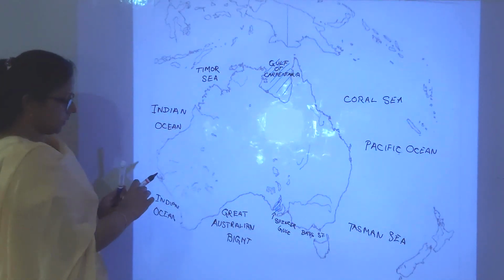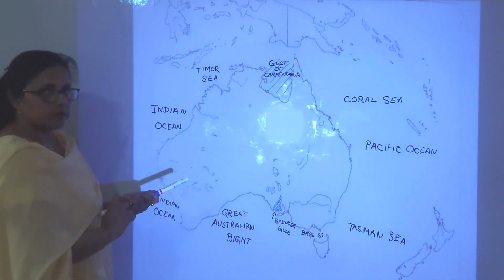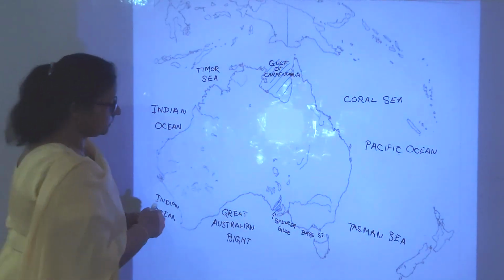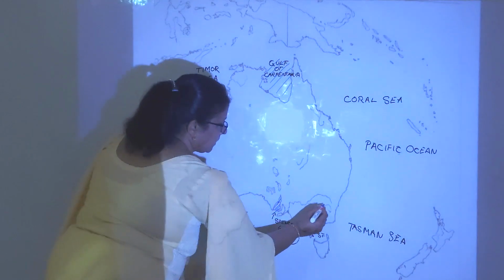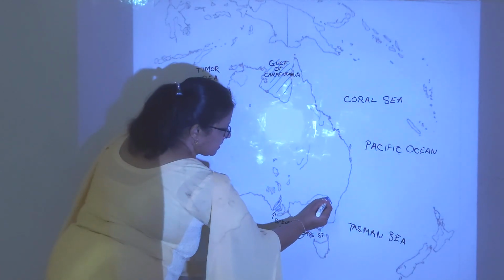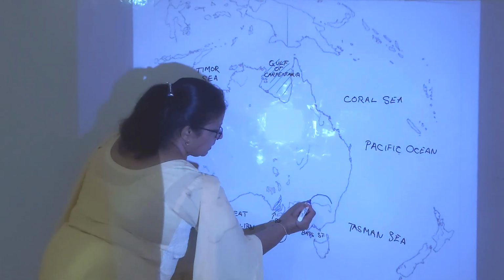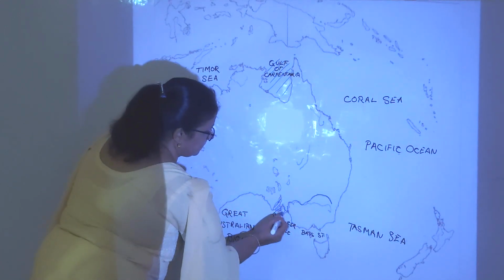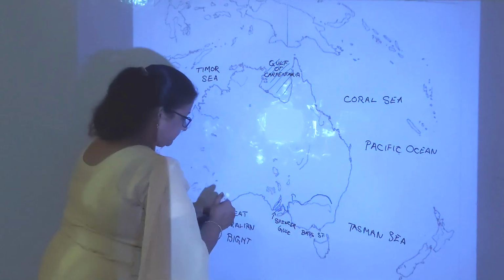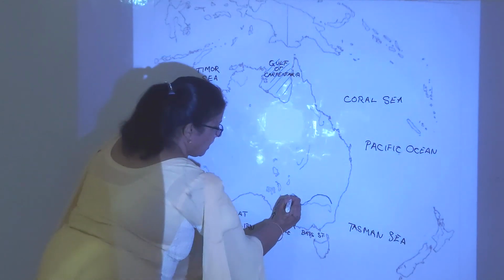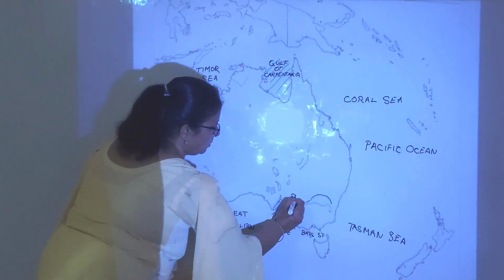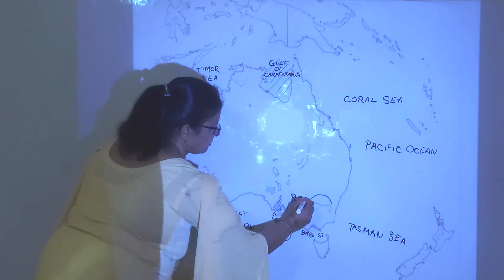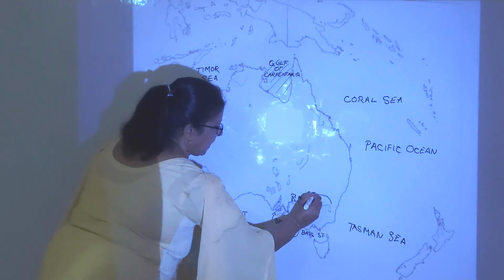Apart from this, there are two major rivers which are in Australia. This river is the River Murray. You can mark it first with blue and write it with a black color.